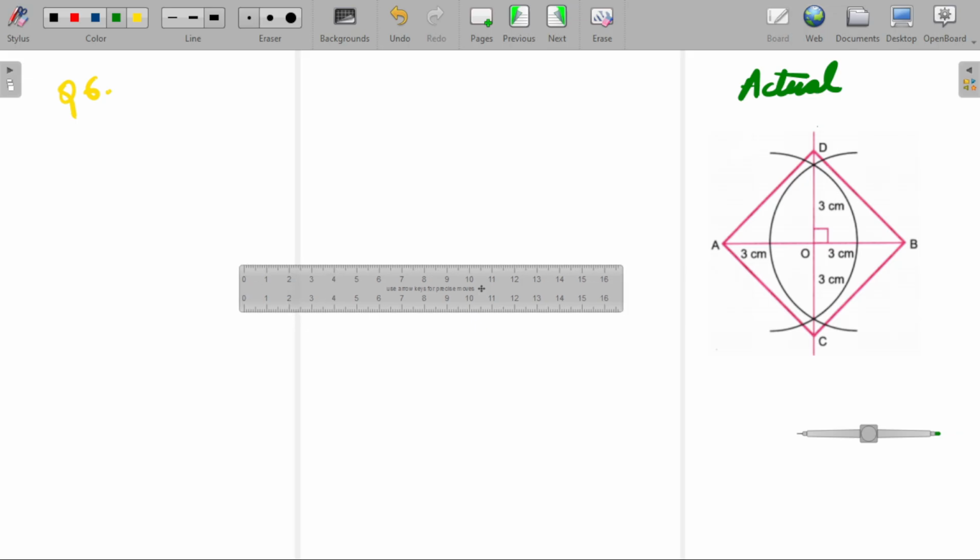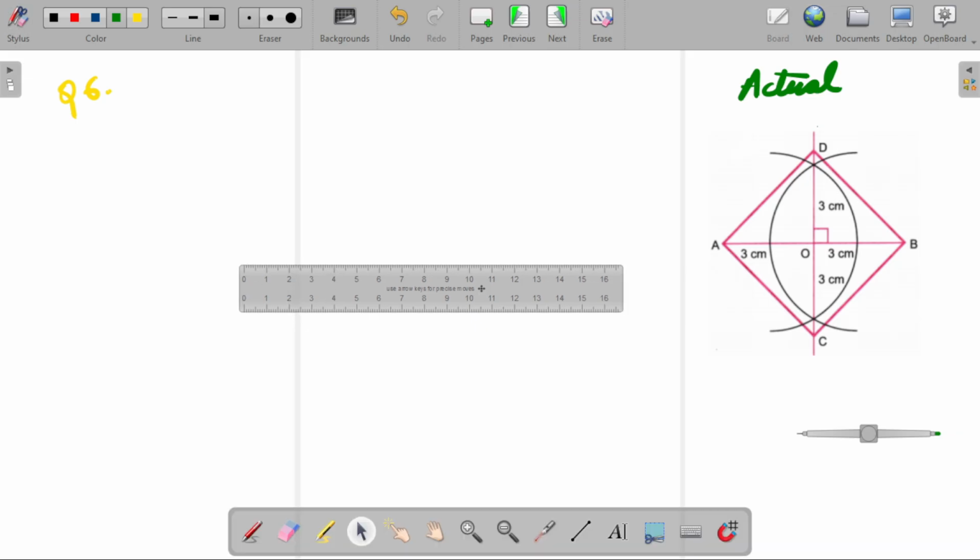So firstly we will draw a line segment of length 6 centimeter, and call it AB. This is AB, which is 6 centimeter.